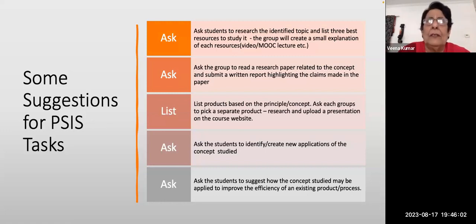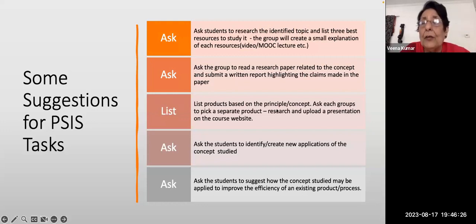Or let them do research on a general topic, depending on what course you're teaching. Or ask the group to read a research paper related to the concept and submit a written report highlighting the claims made in the paper. So they are reading, discussing, analyzing, and preparing a report.